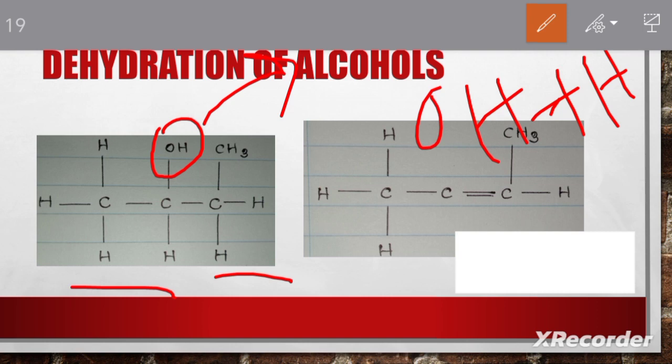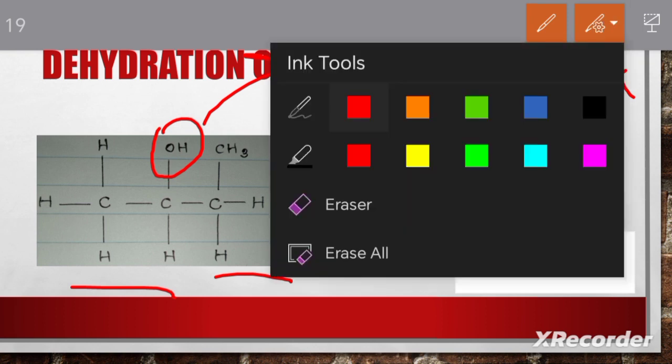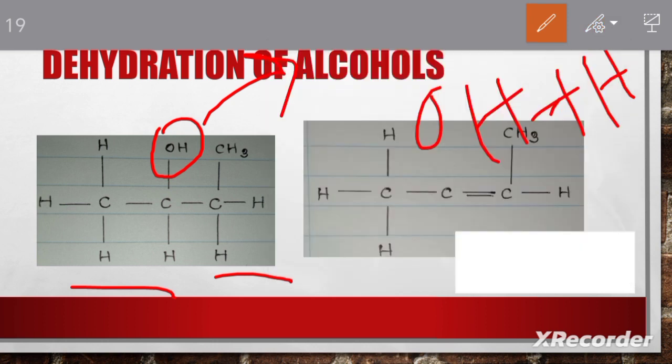Right? I'm going to repeat. We have to remove hydrogen from the adjacent carbon containing low number of hydrogen. So here two adjacent carbons are there. This carbon has 3 hydrogen and this carbon has 2 hydrogen.